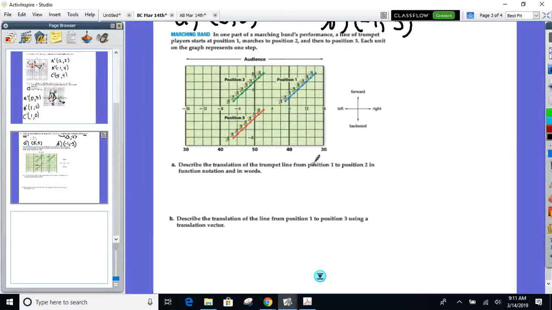So I would first start in words, all right? That's what I'm going to ask first. First start in words, how you're getting from 1 to 2, and then we'll put it in function notation.